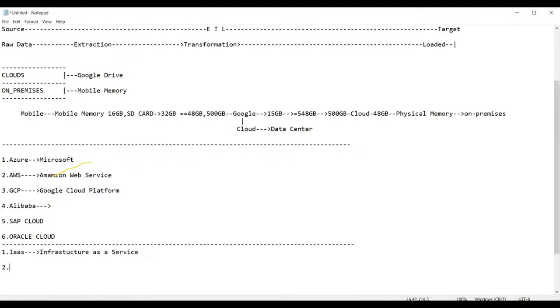Then you have PaaS. PaaS stands for Platform as a Service. Then, guys, the third one is SaaS. SaaS stands for Software as a Service.